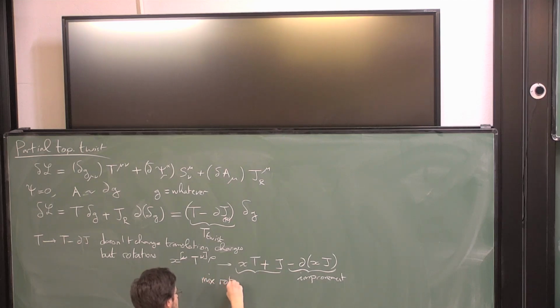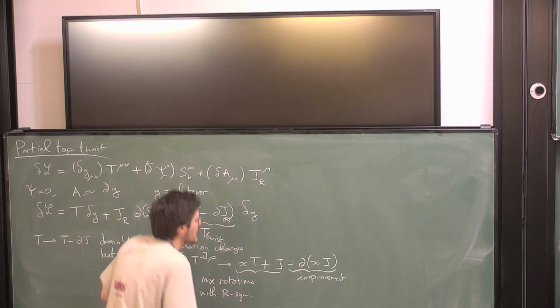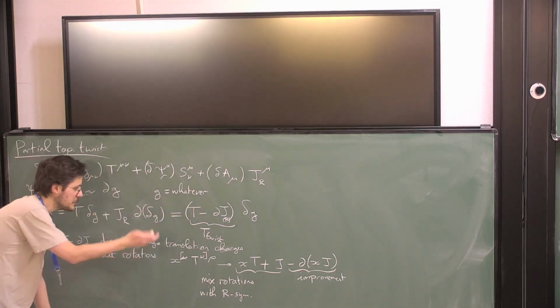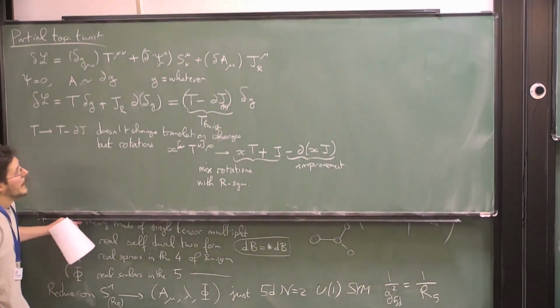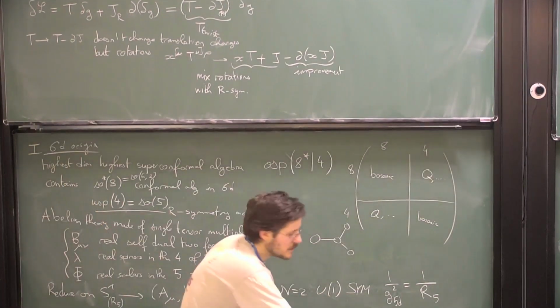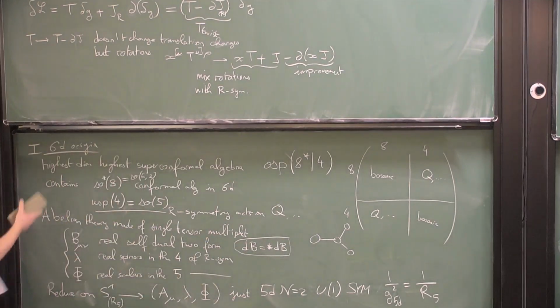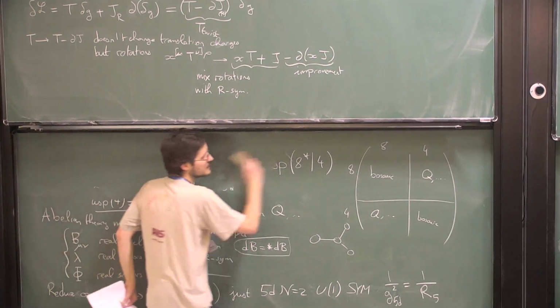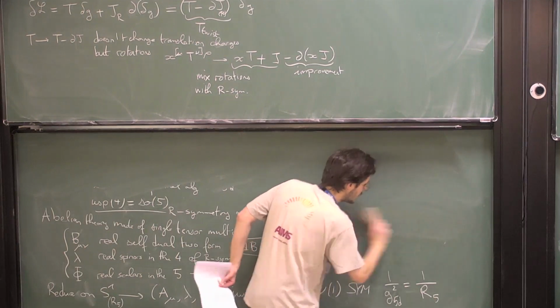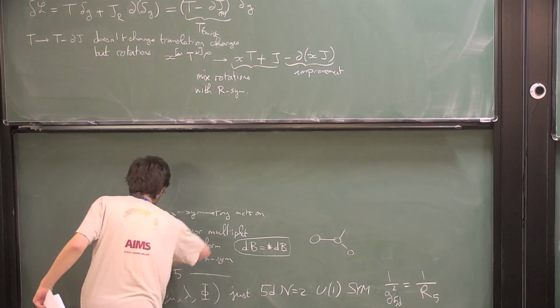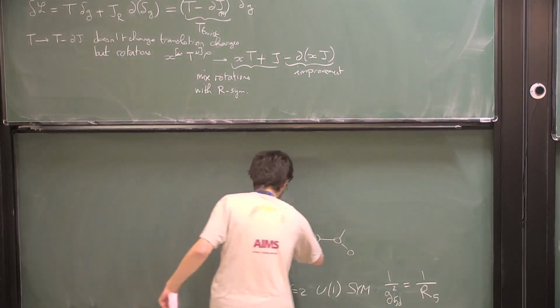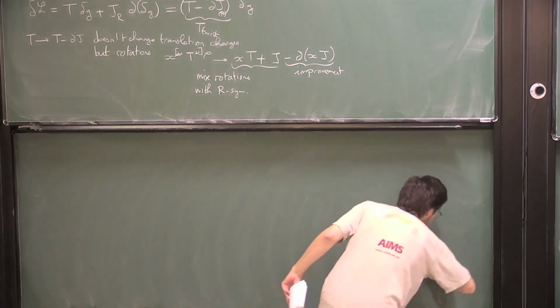So you mix rotations with R symmetry. So why does it help you? It's just changing what you call rotations a little bit. And this helps you because the supersymmetries, which used to be spinors under rotations and spinors under R symmetry, end up being, some of them, scalars under the new symmetry, the new twisted rotations.